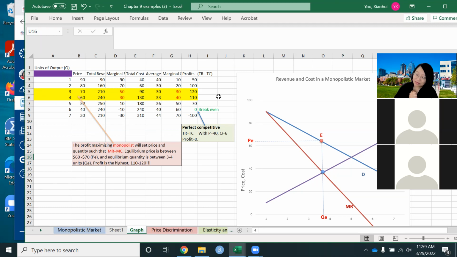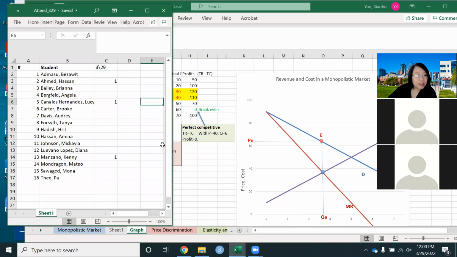Anyone still remember? For perfect competition, their profit maximizing point or their production should be where? Anyone remember?